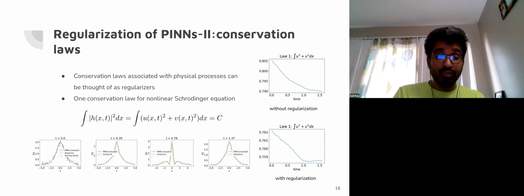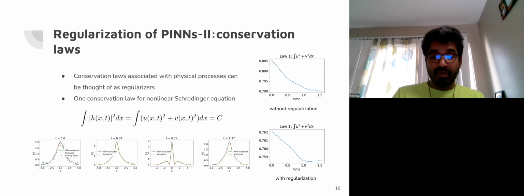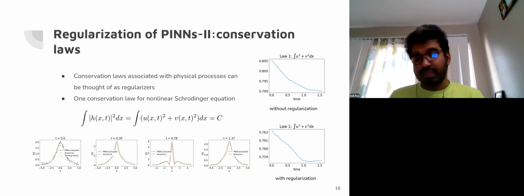You can see the evolution of the field as a function of time and space here, and you can see that while the regularizer actually helps maintain the conservation law, it does not by itself ensure that the analytical shape is recovered by the PINN, and it simply tries to compensate overshoots at one place by undershoots at a different place.